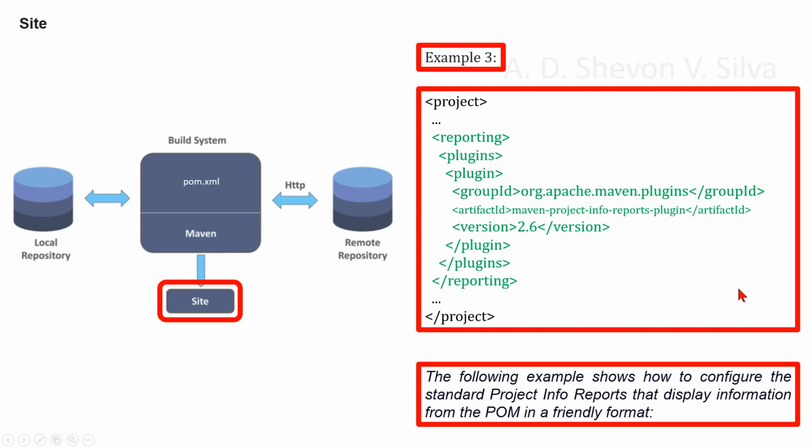This parameter is only relevant if the report plugin is run standalone, that is by invoking it directly from the command line. In contrast, when reports are generated as part of the site, the configuration of the Maven site plugin will determine the effective output directory to ensure that all reports end up in a common location.